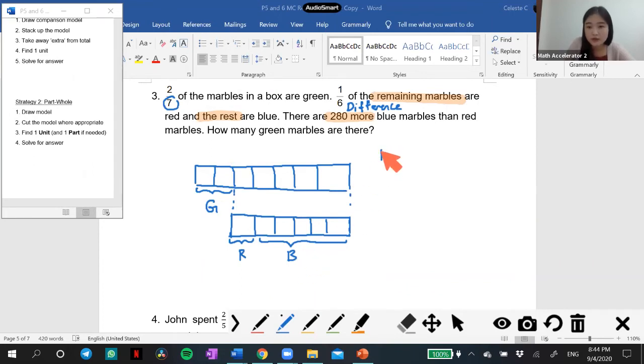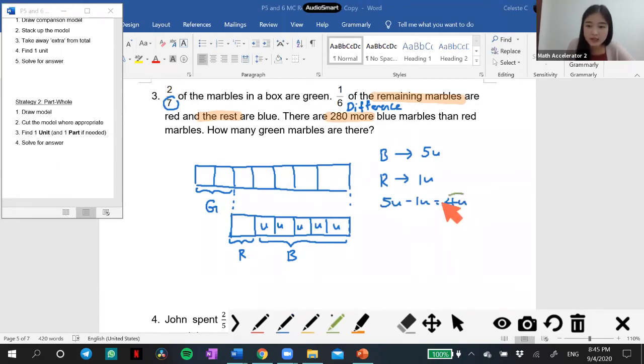Okay, and we now know that blue has how many units and red has how many units. Yeah, you can always drop down a second layer. Yes, blue have 5 and red has 1. So what's the difference? 5 units minus 1 unit, you have 4.